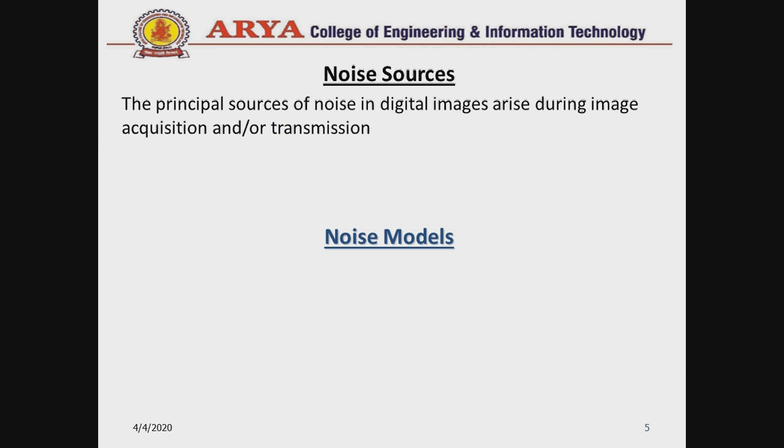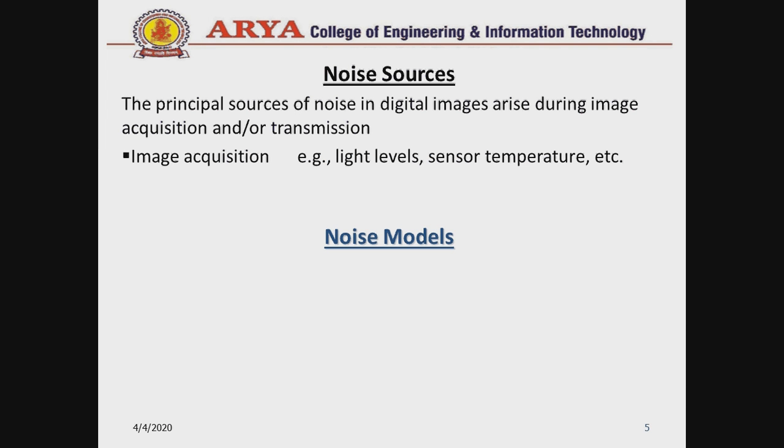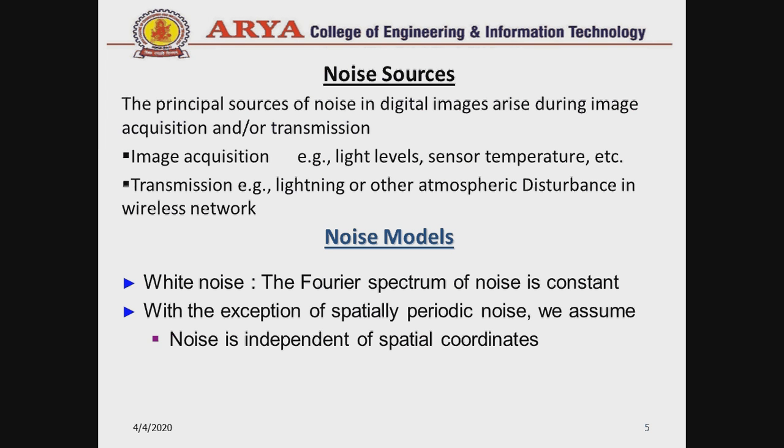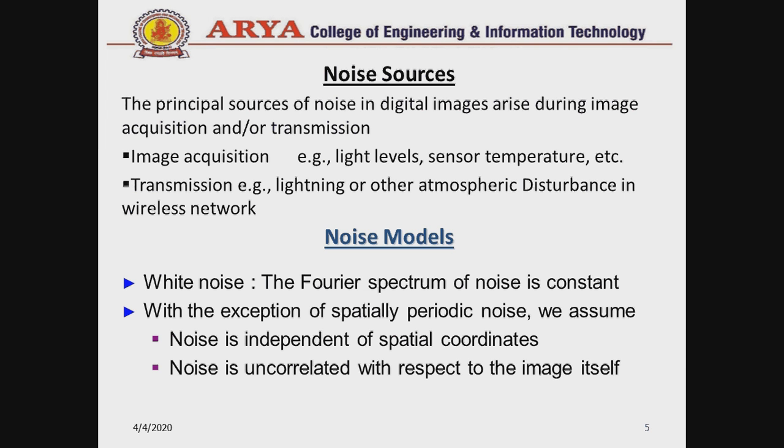Noise sources. To understand the degradation model, we have to understand what the noise sources are and how they affect the image. Noise comes during acquisition or transmission of the image. In acquisition, light level and sensor temperature are very important. If I take a photograph with light coming from behind the subject, it becomes dark or not clear. That is an example of a disturbance in image acquisition.